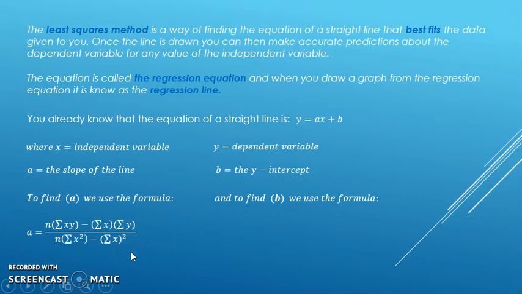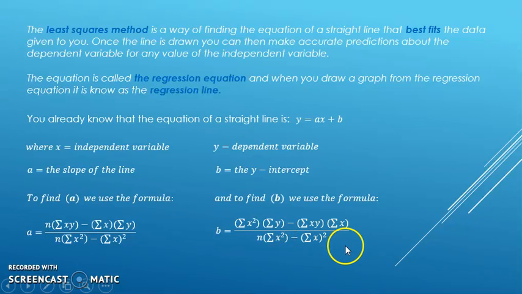And similarly, for b, we use this formula. B equals the sum of x squared multiplied by the sum of y, minus the sum of xy multiplied by the sum of x, divided by n multiplied by the sum of x squared, minus the sum of x all squared. Now don't worry, you will not have to remember those formulas. They will be given to you on your formula sheet.